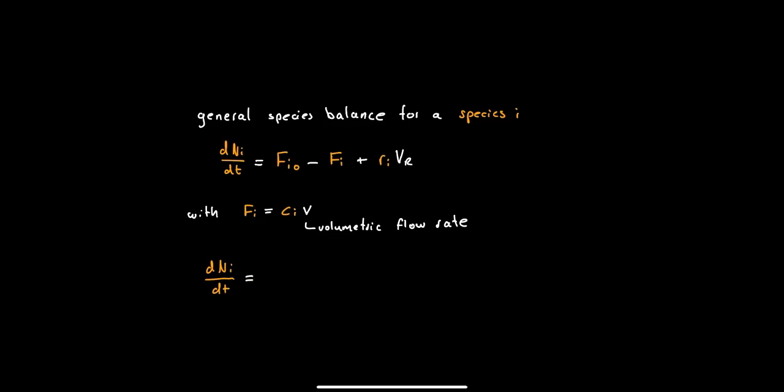If we factor out the volumetric flow rate, we can say that it's V dot times, in parentheses, the concentration of the species I at the inlet minus the concentration of the species I at the outlet, which is Ci, plus the reaction rate of the species I times the volume of the reactor.